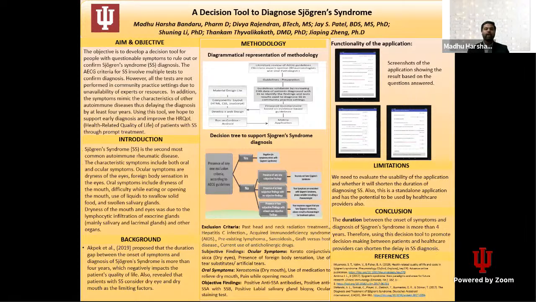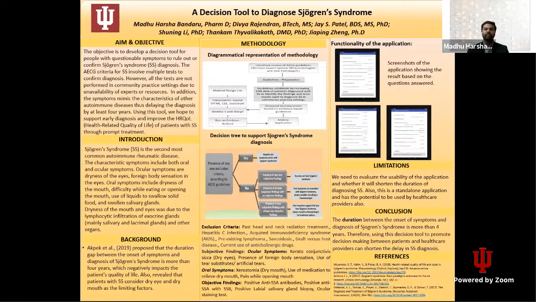These guidelines are validated by reviewing electronic health record data of patients who are already diagnosed with Sjogren's syndrome, to find out the findings and results of the symptoms used in community practice settings. A questionnaire is prepared from these guidelines. By using frameworks called Material Design Lite, Cordova, and Android Studio, we have developed this mobile application.